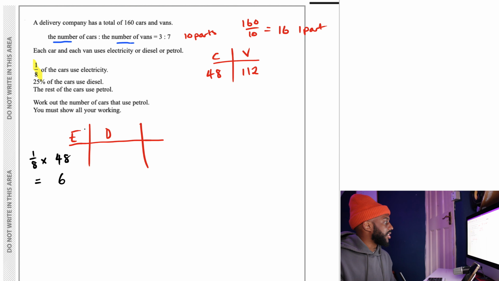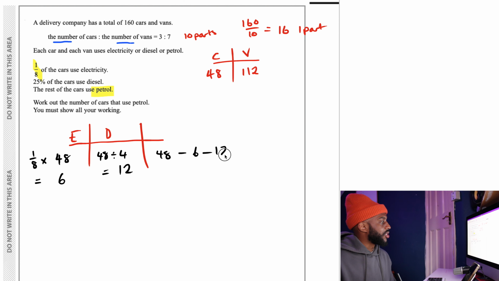So we're going to do 48 divided by 4, because that will give us 25% or a quarter, and that is 12. And then it says the rest of the cars use petrol. So to work that out, we're just going to do 48 minus the electric and diesel cars, so minus 6 minus 12. So that's 48 minus 18.